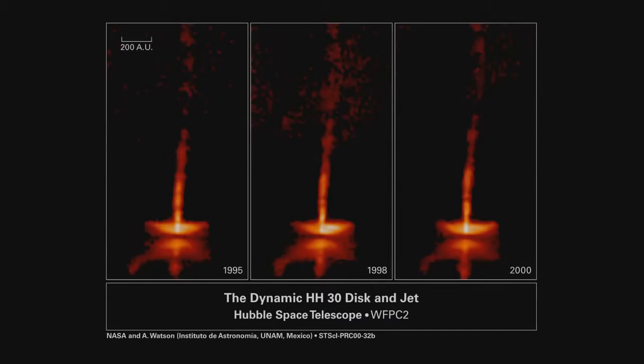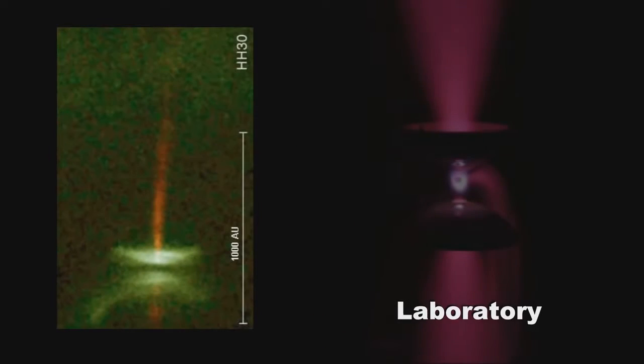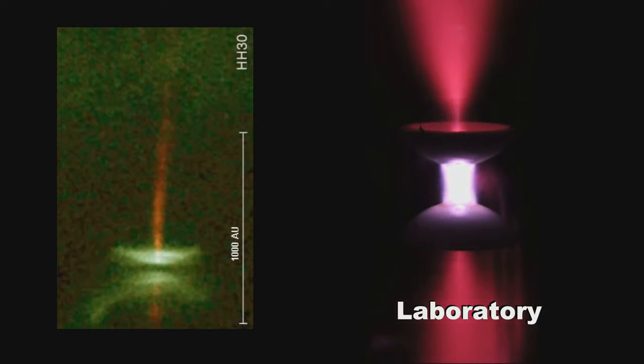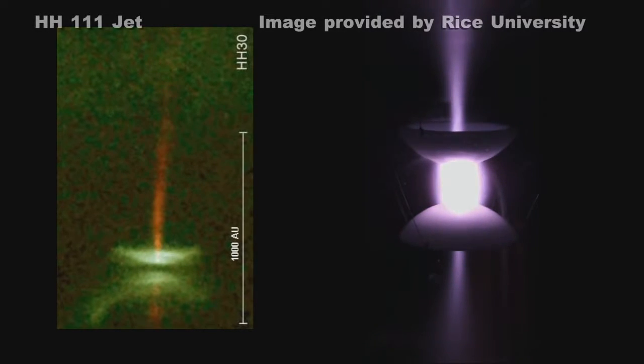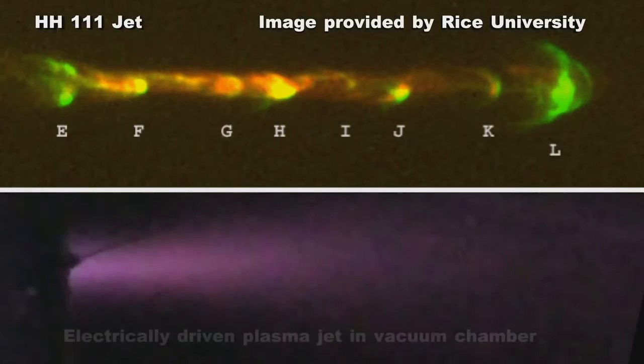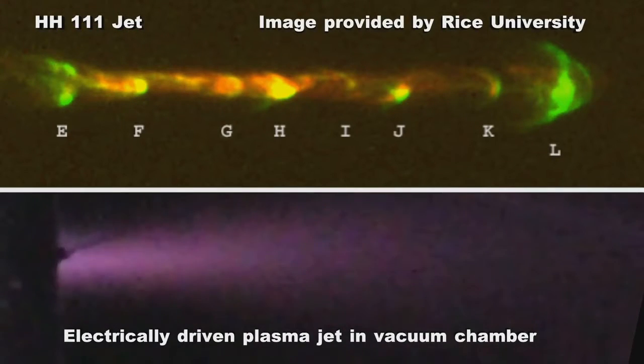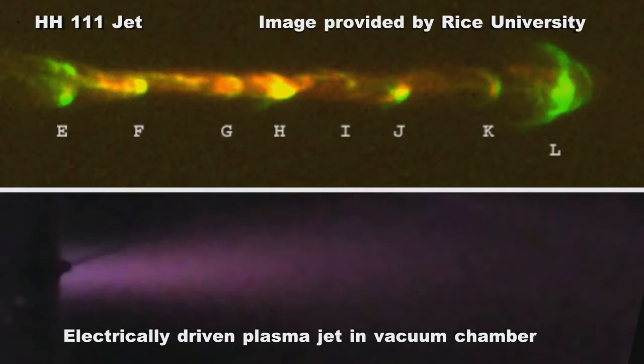HH30 is another example of bowl-shaped magnetic fields with the ejection jets in line with the axis of HH30. The externally electrically driven plasma jet, as shown in the lower image, is very steady and it fades gradually, whereas the jet of HH111 has dramatic pulse formations and a sudden cutoff at the tip.